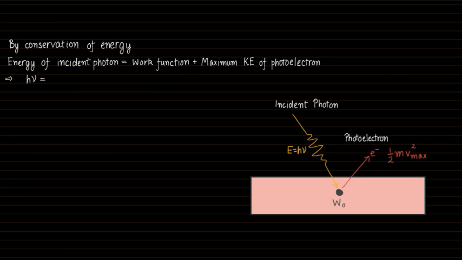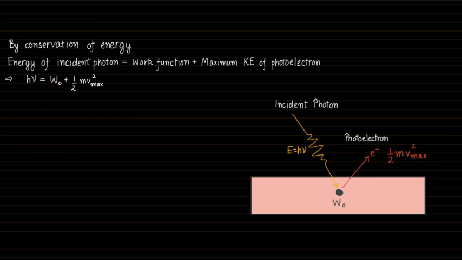So the energy of the incident photon is h nu equals the work function W naught plus the maximum kinetic energy of the photoelectron, which is half m v max square. Now I can send this work function to the other side of the equation.